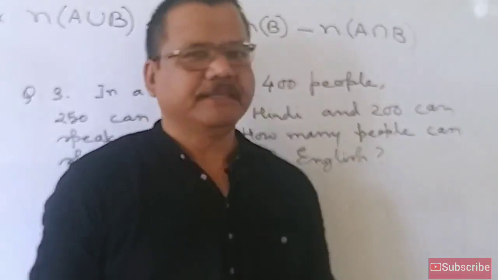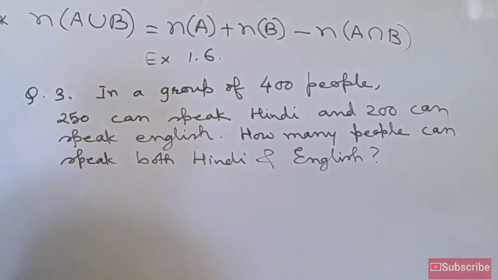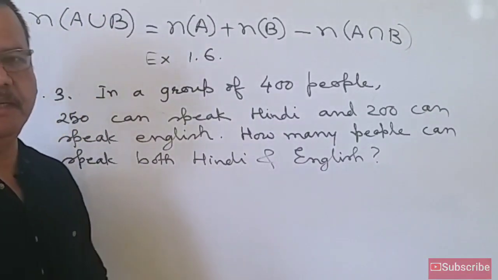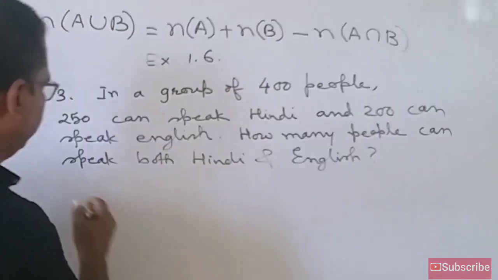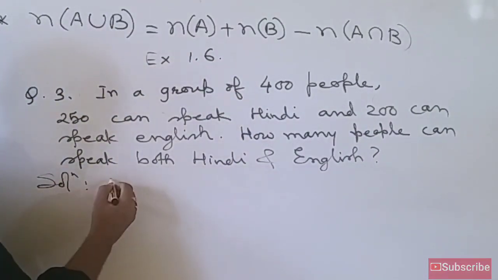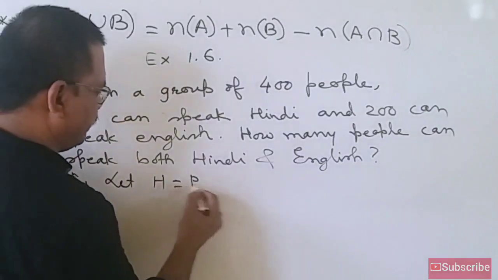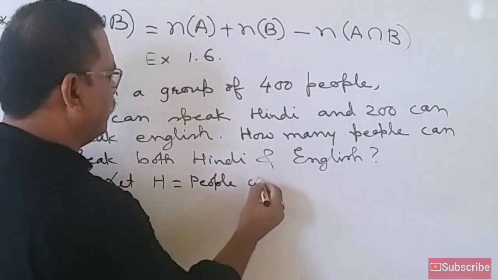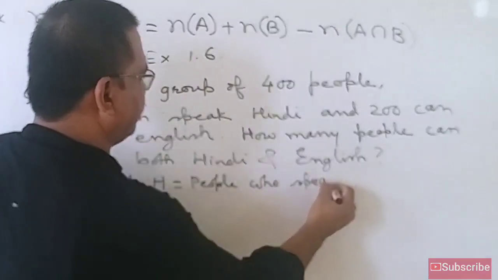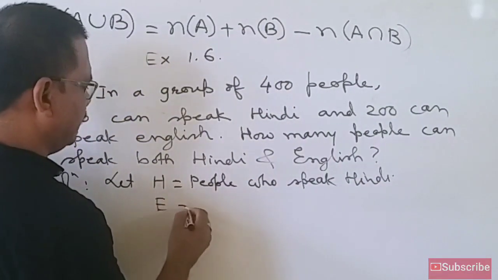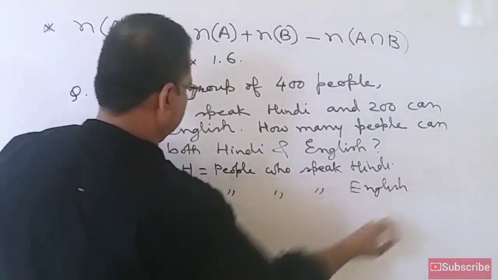Okay, for example, I am taking this question. In a group of 400 people, 250 can speak Hindi and 200 can speak English. How many people can speak both Hindi and English? Okay, for that let H be the set of people who speak Hindi and E the set of people who speak English.